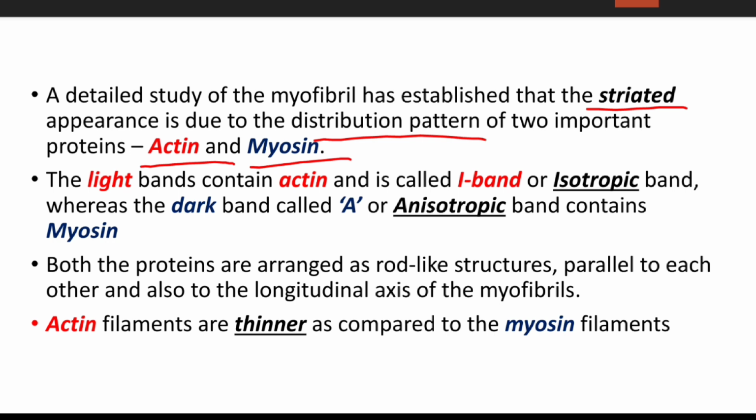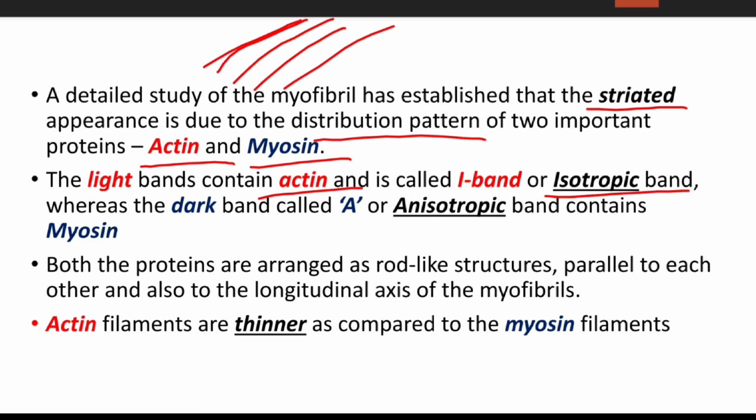That is why the skeletal muscle appears striated. The light band contains actin and is called the I band or isotropic band.